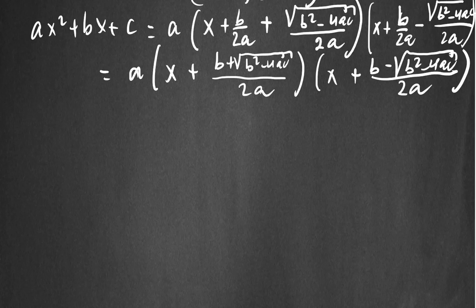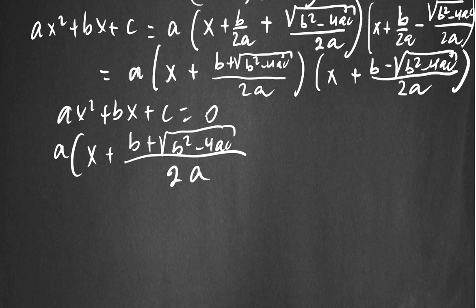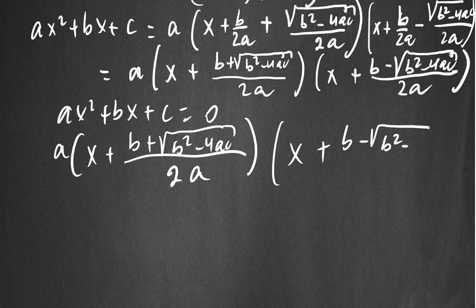But we are solving ax squared plus bx plus c equal to 0, meaning a factored x plus b plus square root of b squared minus 4ac over 2a, factor x plus b minus square root of b squared minus 4ac over 2a is equal to 0.